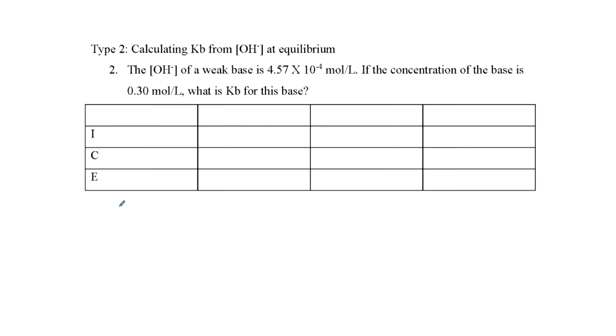So let's just write a generic equation here. We don't know what this base is, but we know the base is going to be added to water. I'm just going to include that liquid just so we know we're not going to include that in our ICE table because its concentration is constant. And we know a base is going to dissociate into hydroxide and some sort of conjugate acid, right?